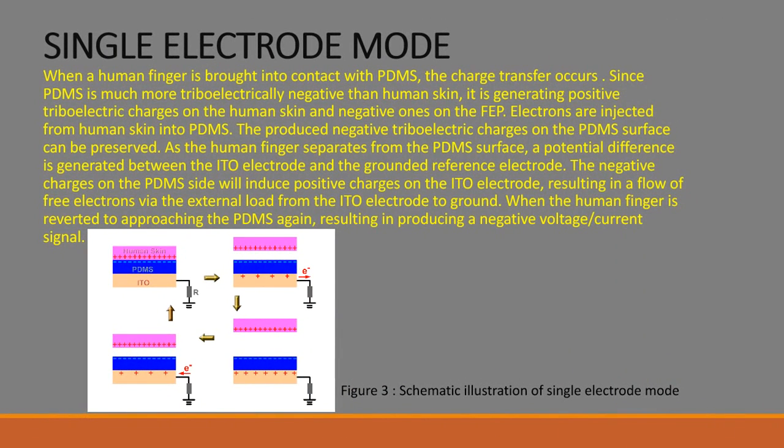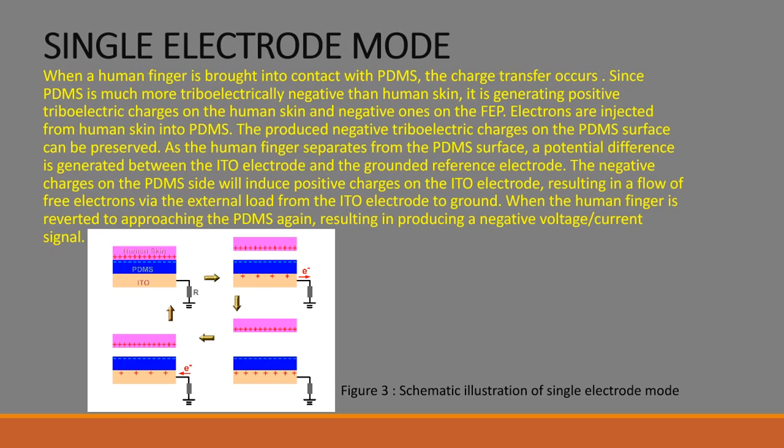Single electrode mode. When a human finger is brought into contact with PDMS, the charge transfer occurs. Since PDMS is much more triboelectrically negative than human skin, it generates positive triboelectric charge on the human skin and negative charge on the PDMS. Electrons are injected from human skin into PDMS.